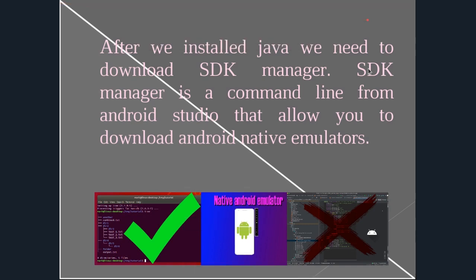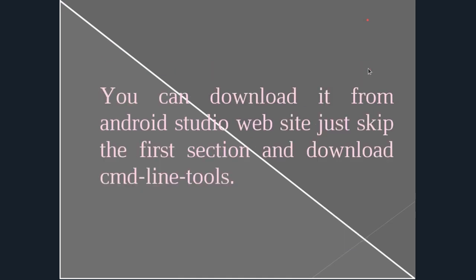After we installed Java, we need to download SDK Manager. SDK Manager is a command line tool from Android Studio that allows you to download Android native emulators. So you can head to official Android Studio website and skip first section and download CMD line tools.